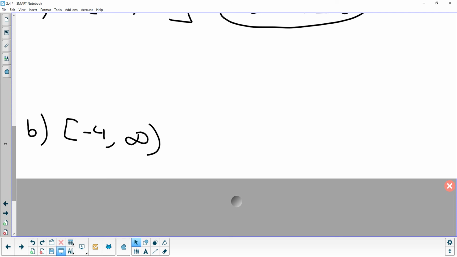Oh, Ethan? X is greater than or equal to 4. Can you say it again? X is greater than or equal to 4. Not quite. You're close. Okay, Chris? X is less than or equal to negative 4.